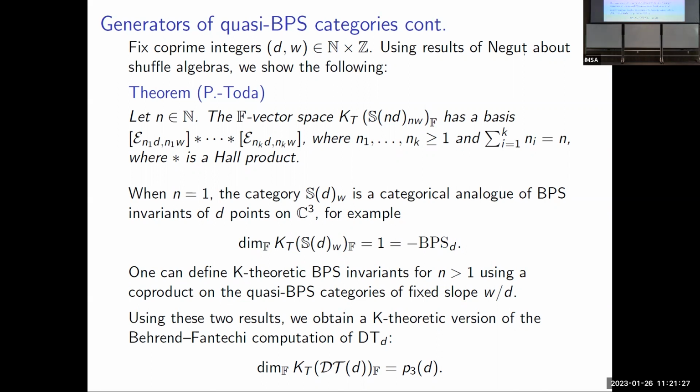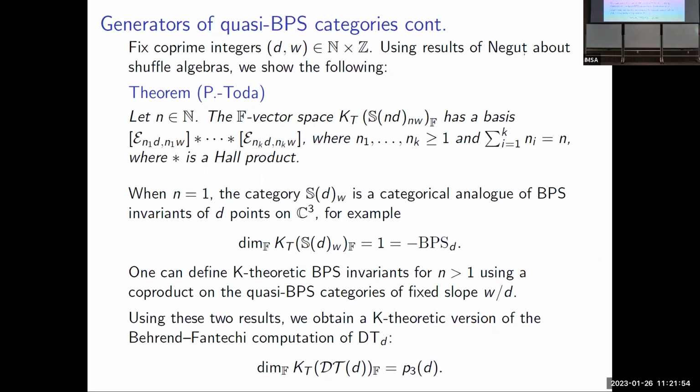But if the greatest common divisor is bigger than 1, there's nothing you can do. They are not categorifications of BPS invariants, but we also believe these categories to be decomposable. You just have more things in the categorical world than in homology, and you have to study them independently.